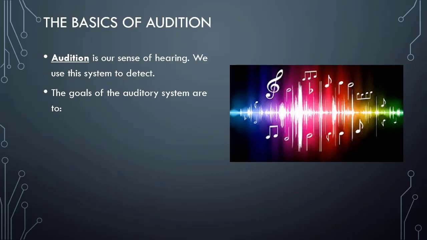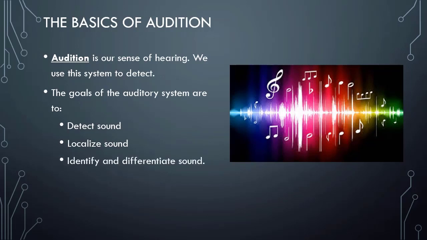The first of these is probably the most obvious. We use this to detect sound. So being able to just hear that something has occurred around us is the primary goal of this system. Even beyond that, though, we need to be able to localize where sounds come from. It's very important for us to use this. And we talked a lot at the end of the visual system about how information from all of our sensory systems comes together.